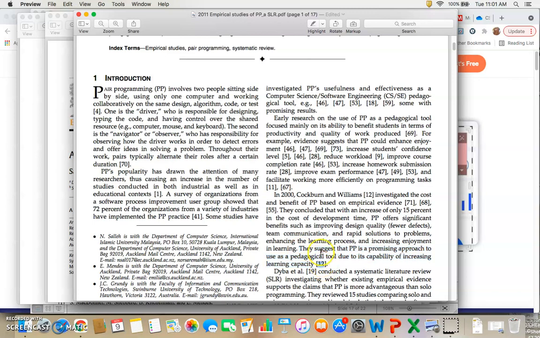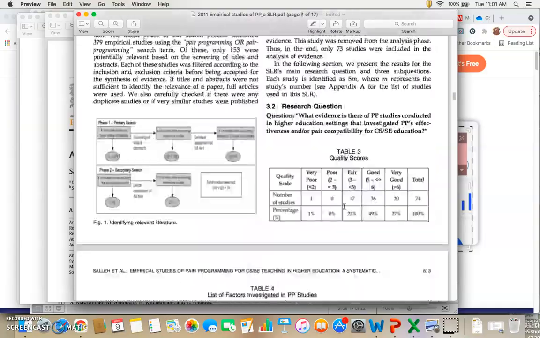For example, I was writing here that they suggest that pair programming is a promising approach to use as a pedagogical tool due to its capability of increasing learning capacity. Who said that? This statement is supported by this paper, number 12.